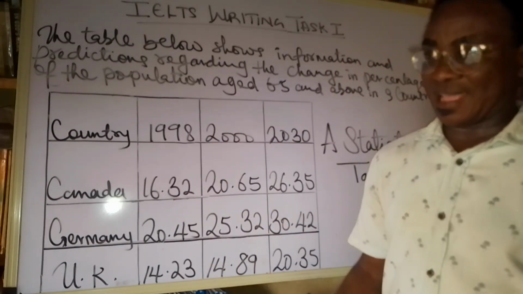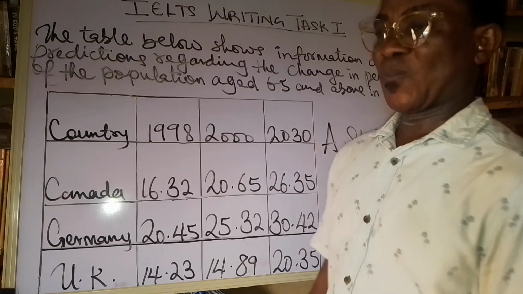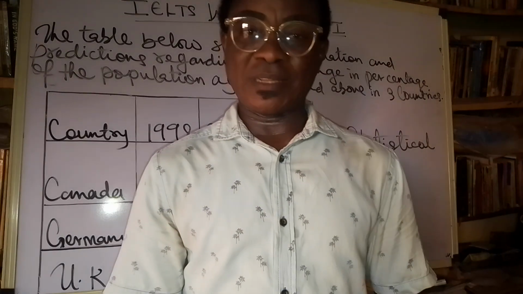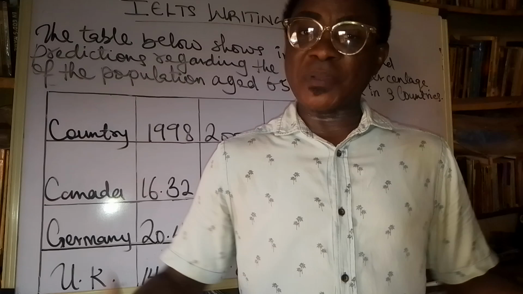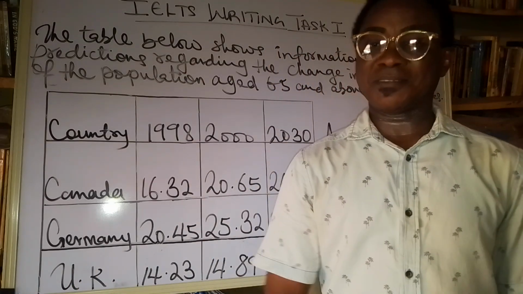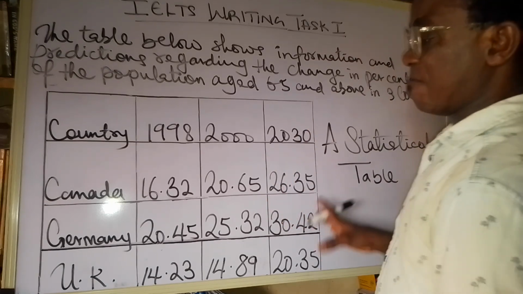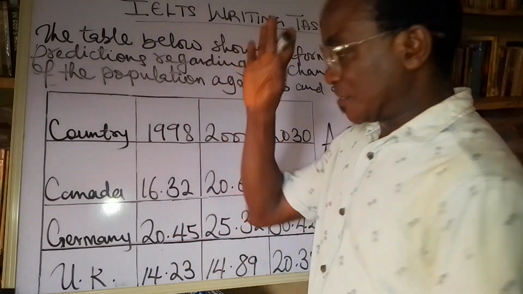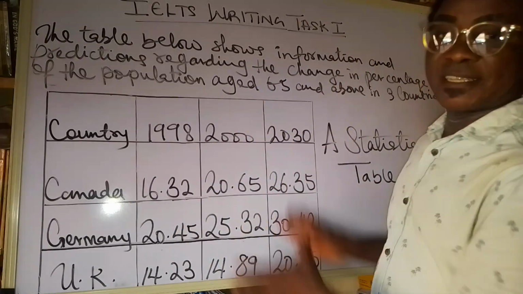So what we have here is a statistical table. Like I pointed out the other day, statistics is nothing but the representation of data and information in figures. So this table contains data or information that has been reduced to figures. That is why it is a statistical table.